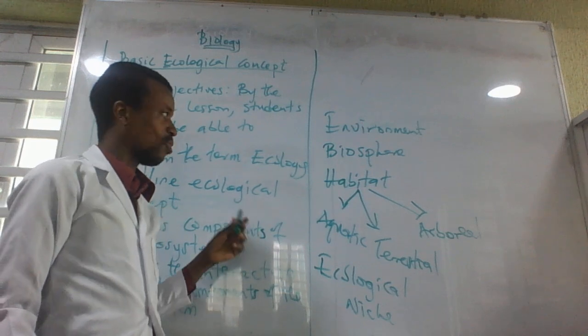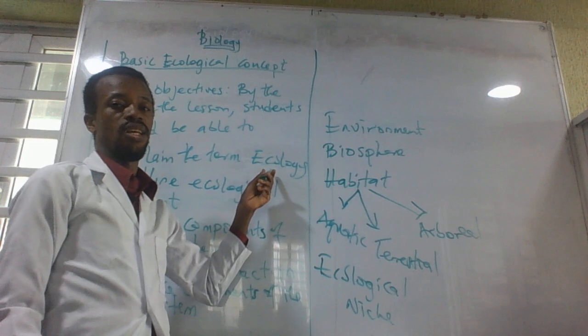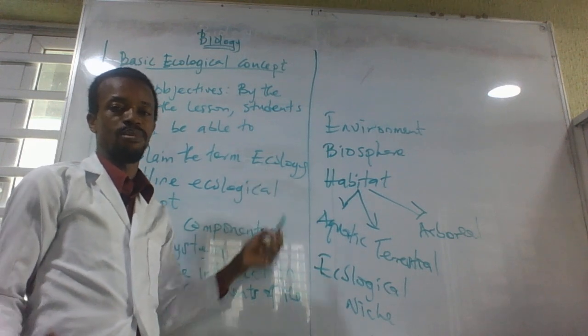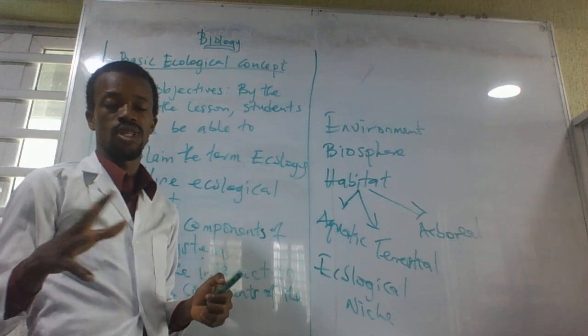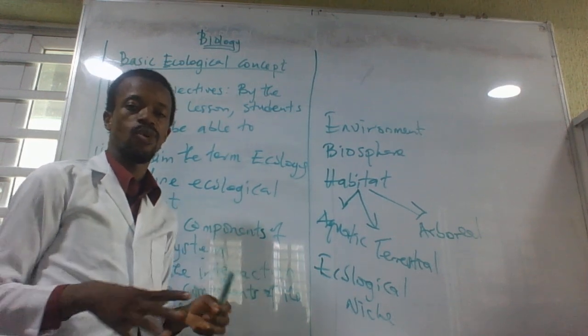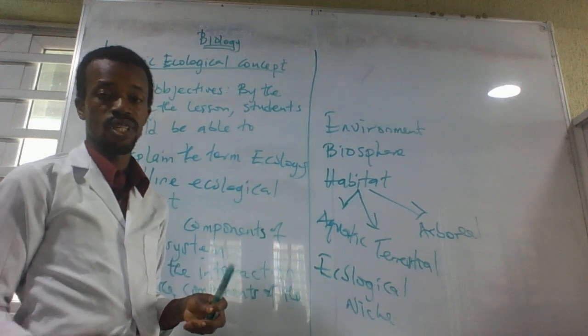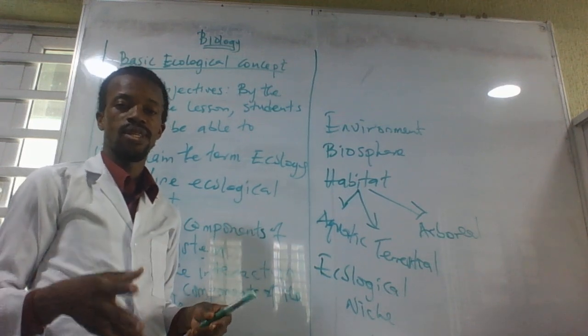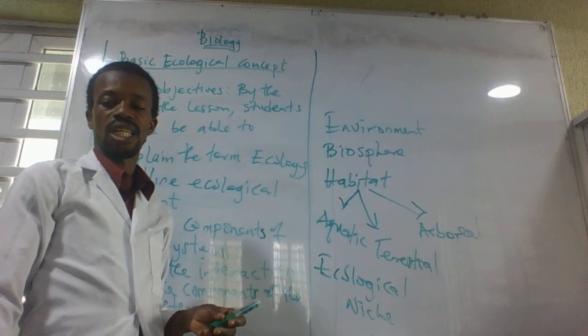Then, doing that, you go to the branch of science that deals with how organisms and environment are related. A single organism or a species of organism with the environment, or a group of organisms with the environment. He said that ecology has to do with a single organism with the environment, while ecology has to do with a group of organisms, how they interact with the environment.